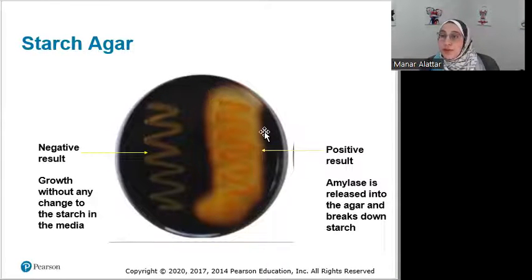And therefore, we can differentiate between organisms that do have the enzymes to break down starch, like amylase, and those that don't.